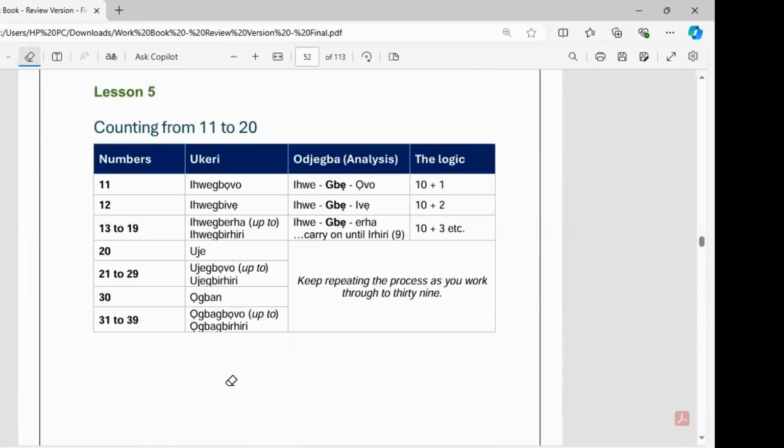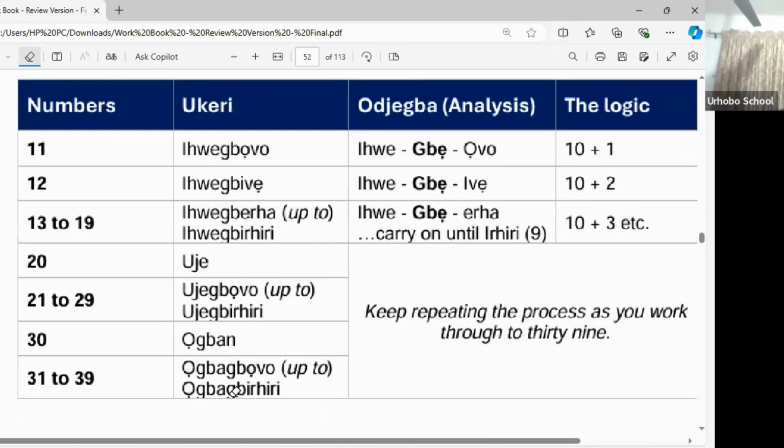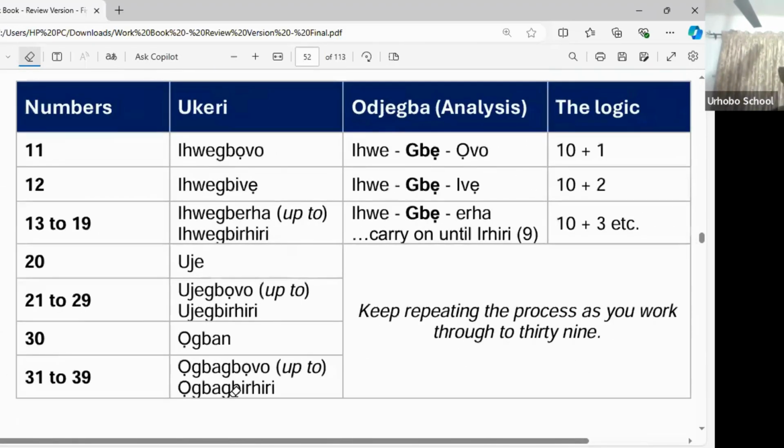And then Uje. You can see 20 is Uje. So to go from 20 to 29, you say Uje Bovu, Uje Bive, Uje Bera, until you get to 30, and 30 is Ogba. Go ahead and say 20 to 30.